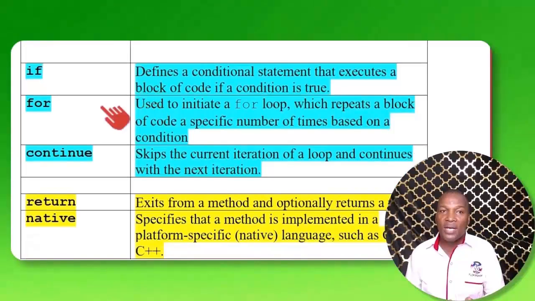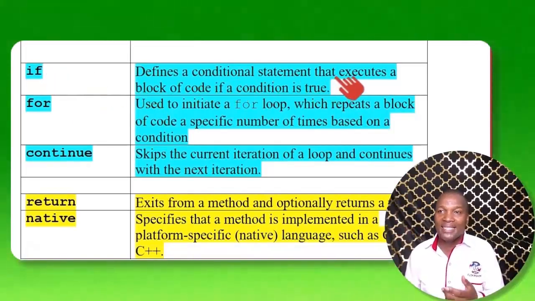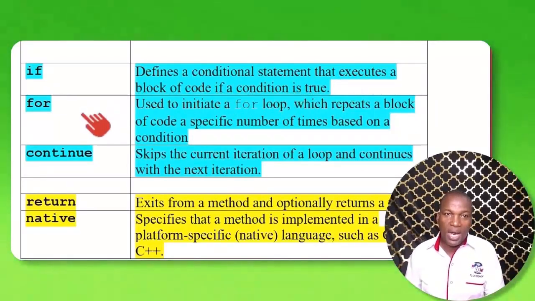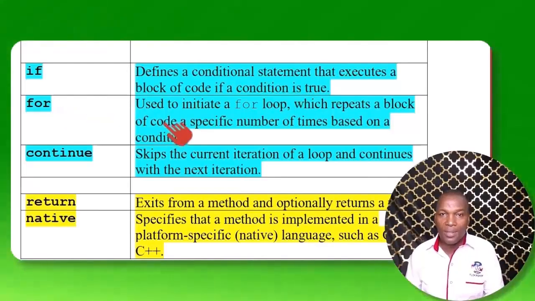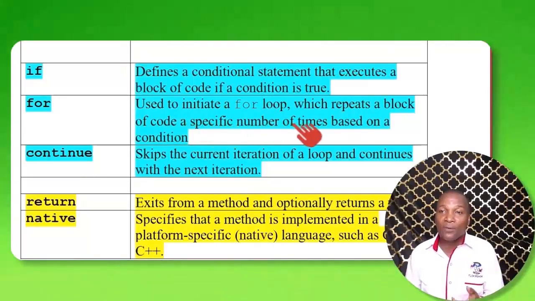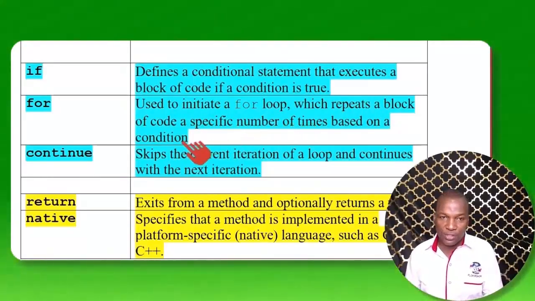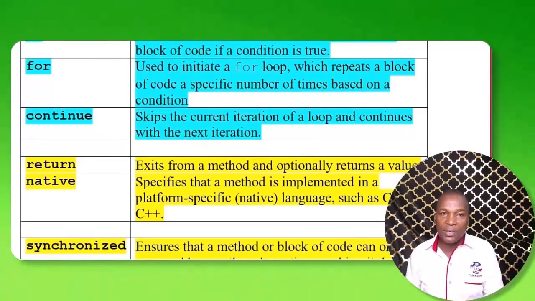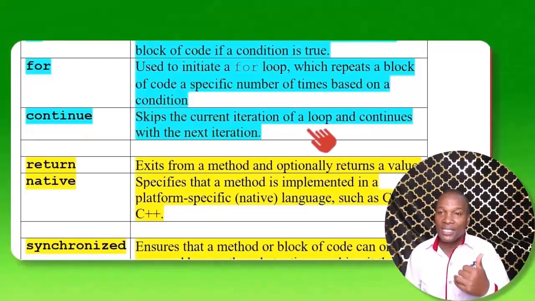Then we have the keyword if. The keyword if defines a conditional statement that executes a block of code if a condition is true. And then we have the keyword for, which is used to initiate a for loop, which repeats a block of code a specific number of times based on a condition. And lastly, in that category, we have the keyword continue, which skips the current iteration of a loop and continues with the next iteration.